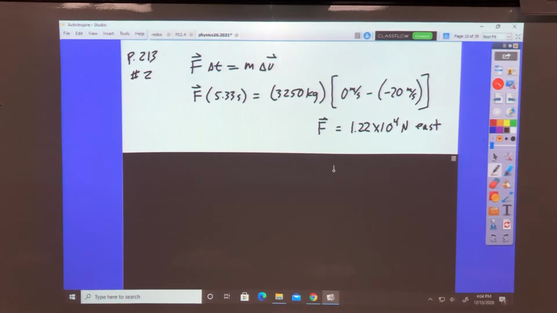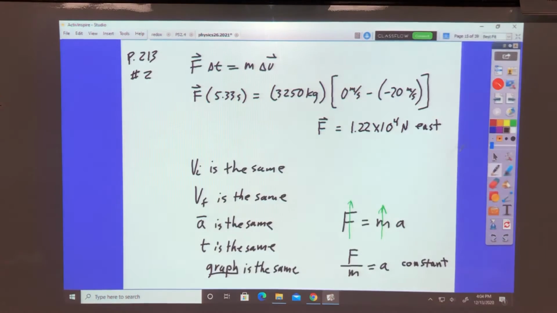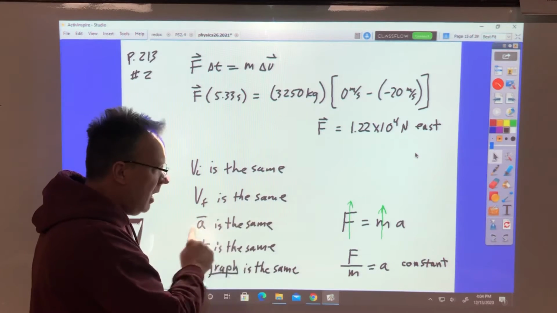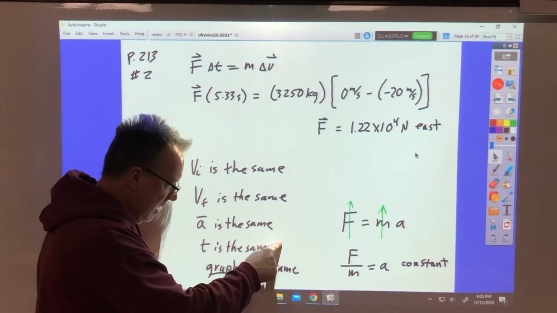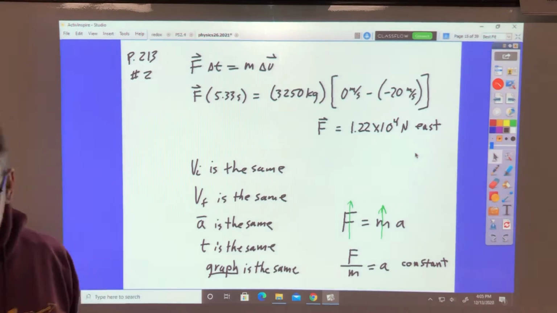Now, then it asks, how far would the car move before stopping there? Well, it turns out that it's going to go the same distance because velocity initial and velocity final are the same, and acceleration is the same, which means the time is the same, and means the graph is the same. So none of the rest of that changes.